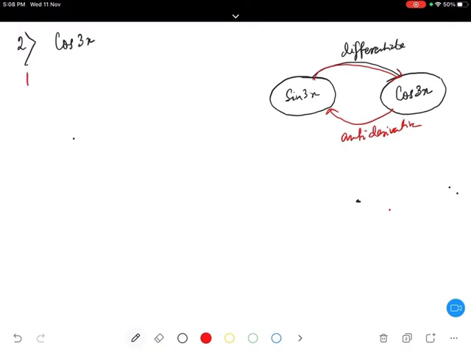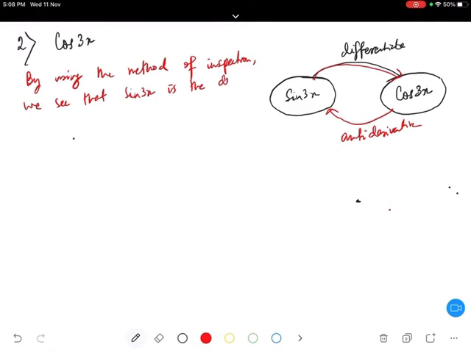So write down, by using the method of inspection, we see that cos 3x is closest to the derivative of sine 3x.